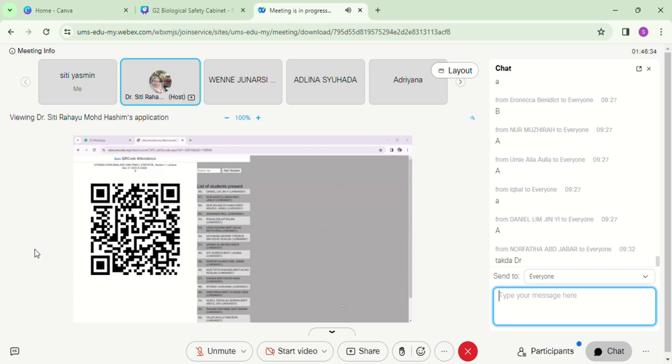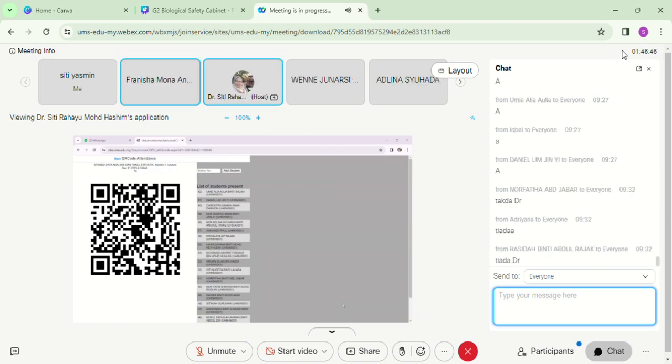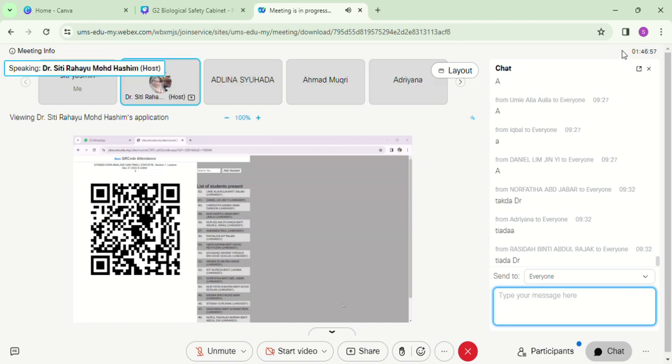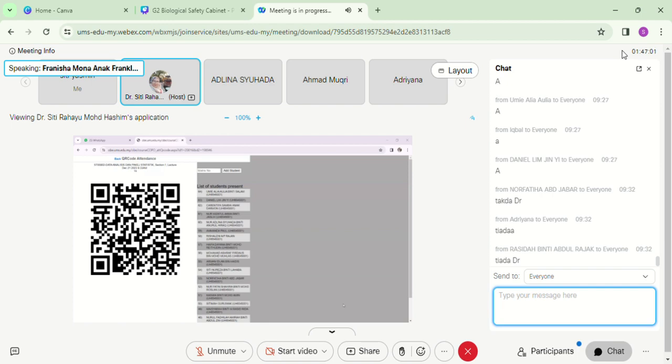Tak ada. Thank you, Fatihah. How about the others? Doktor, saya punya kehadiran belum. Sorry? Saya punya kehadiran belum juga. Vanisha ya? Iya, Vanisha ke? Iya. Okay. Lepas ni Vanisha, kita tunggu grup ni dulu.